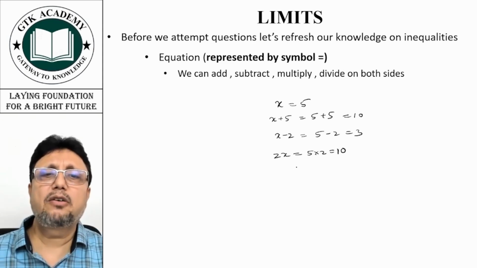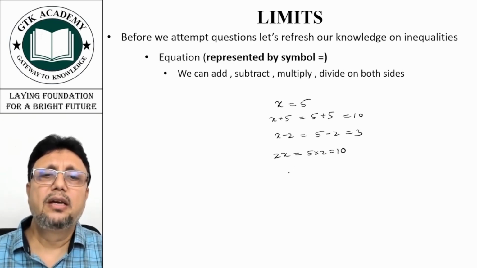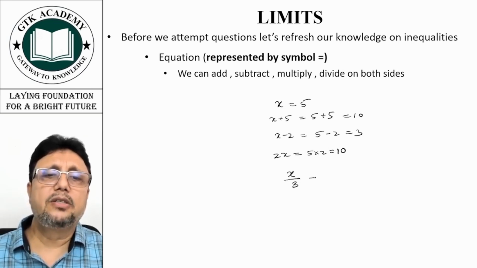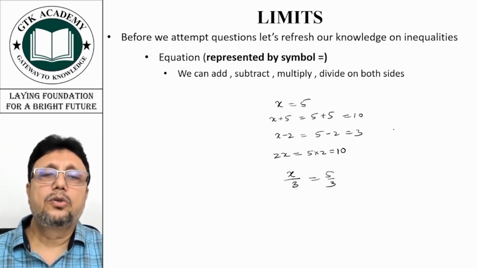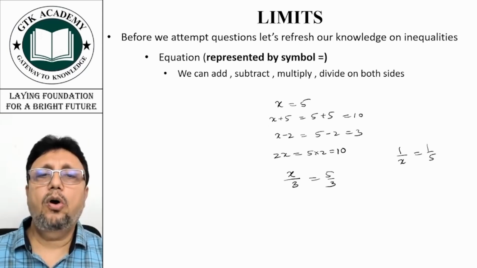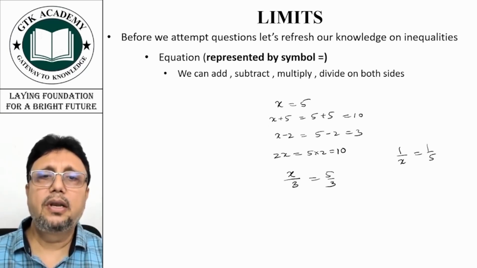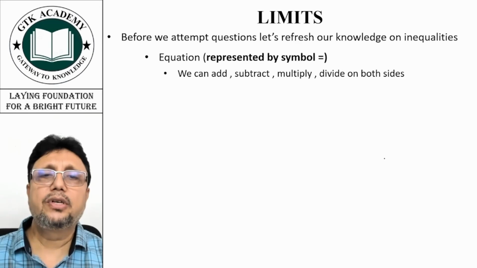In fact, division is a form of multiplication only. x upon 3 is equal to 5 upon 3, right? Or 1 upon x is equal to 1 upon 5. So all these kinds of operations are possible in the case of equations.